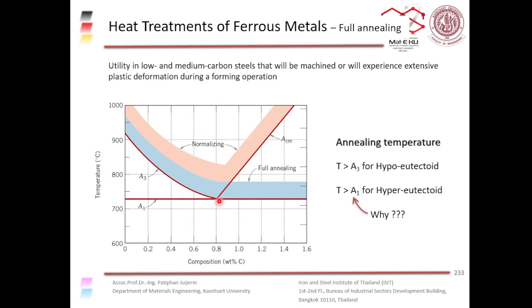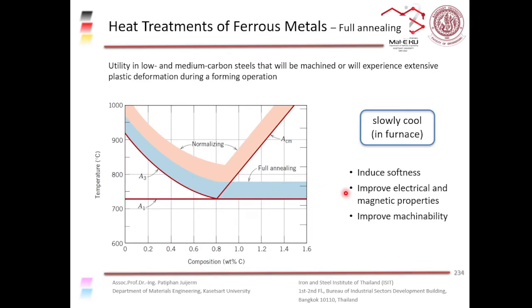And here as well, all the alpha will turn into austenite because in this area here you have gamma plus Fe3C, or austenite and cementite, right? Right, so that is the first step. The first step is to heat it up to get rid of all the alpha, and then you have to slowly cool it down, right?